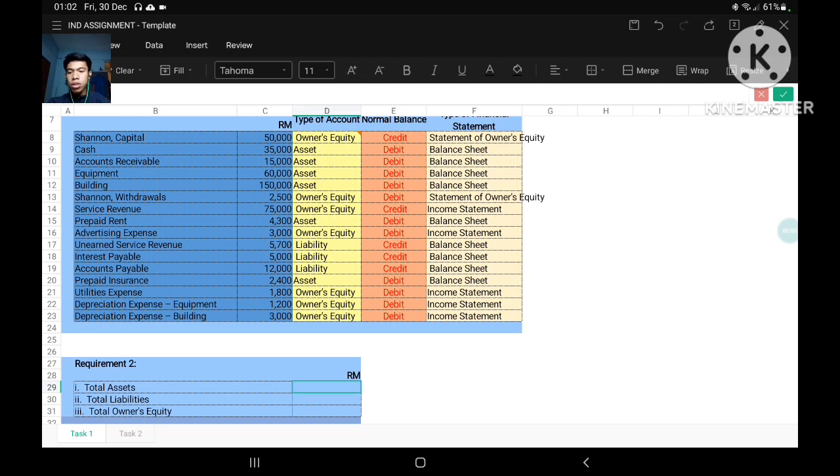Next, we go to requirement 2. It has three parts: total asset, total liabilities, and total owner's equity. Okay, first, how to get the total asset is simple.